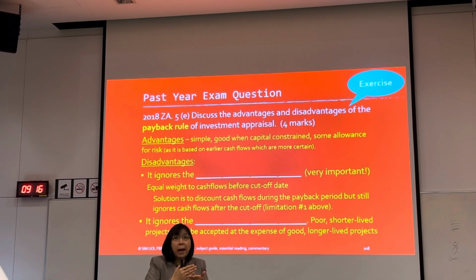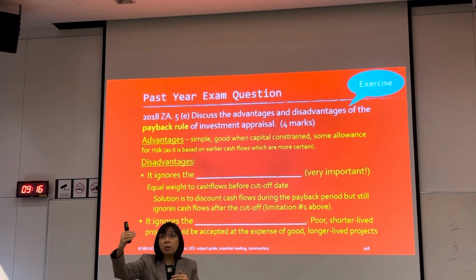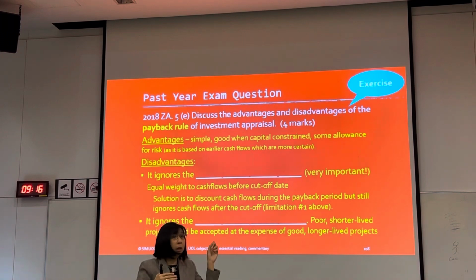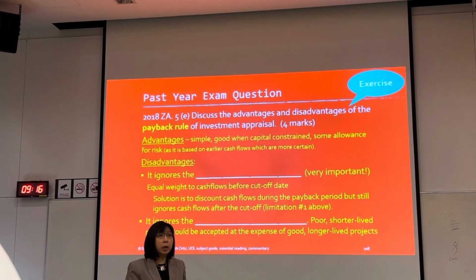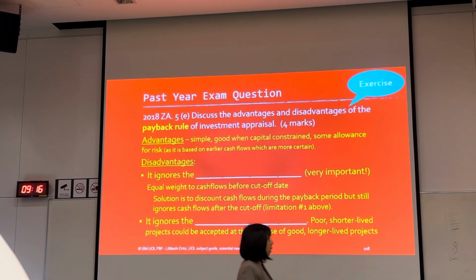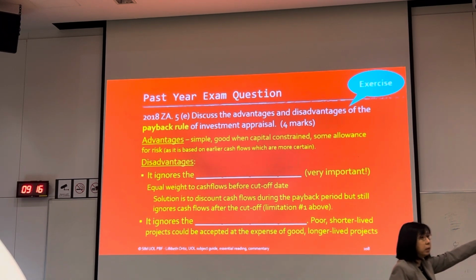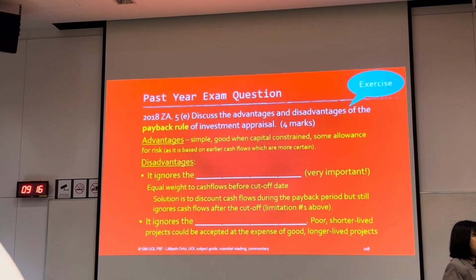When you just add up the cash flows regardless of when you receive them, you're ignoring the whole concept of time value of money. You're giving equal weight to cash flows that are 2 years from now versus 1 year from now or today, right? So you're not discounting the future cash flows. That's not good enough. It doesn't consider time value.